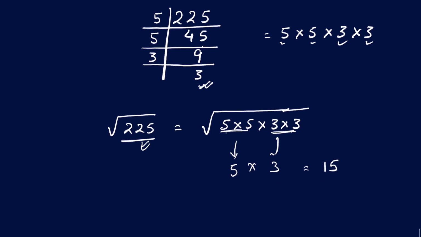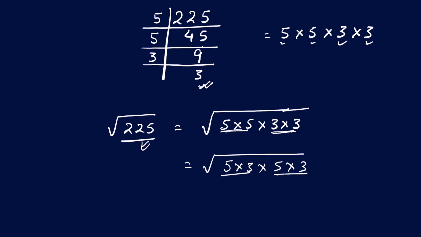To understand it better, let's group them like this: 5 multiplied by 3 multiplied by 5 multiplied by 3. Now, this gives you 15 multiplied by 15. So, we got a number which when multiplied by itself is equal to 225. The square root of 225 will be 15.